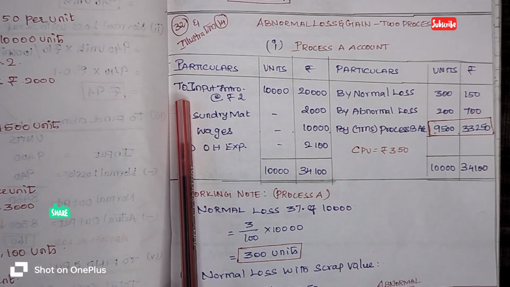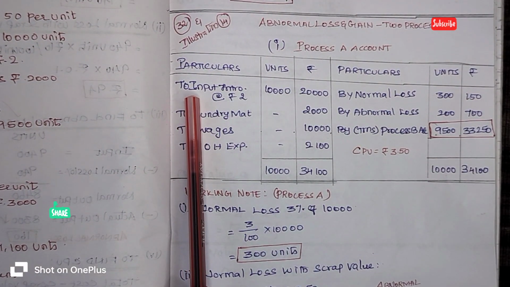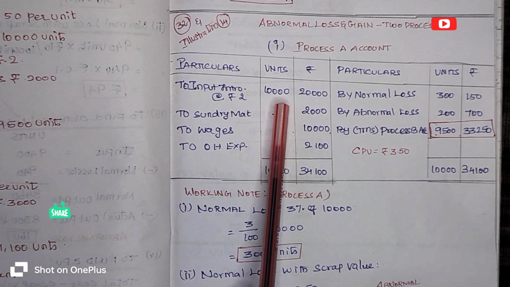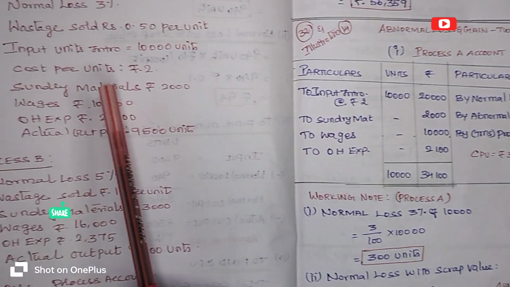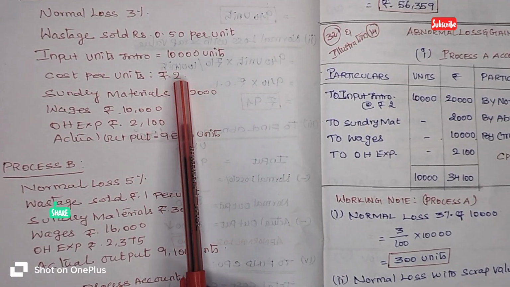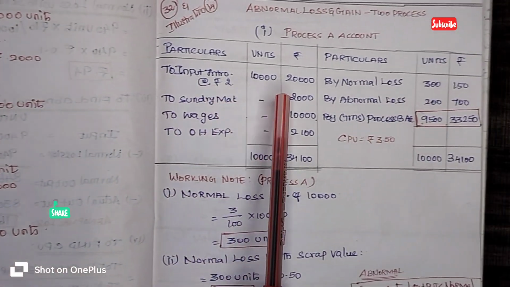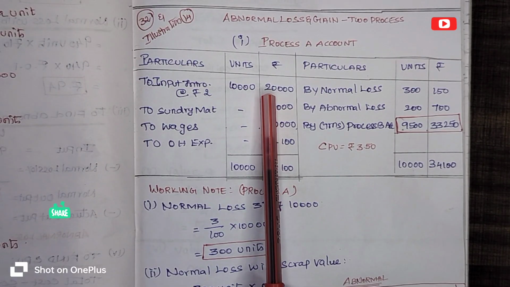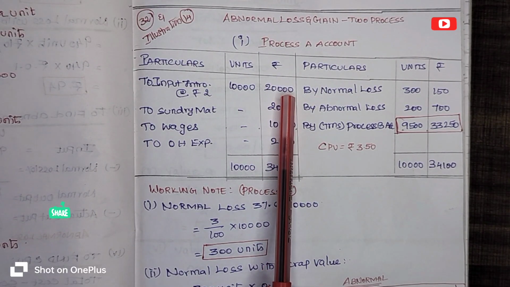So on the debit side you write the input introduced in the units column, 10,000. The cost per unit is 2 rupees, so 2 rupees into 10,000 input units gives 20,000 rupees cost of material, entered in the rupees column on the debit side.